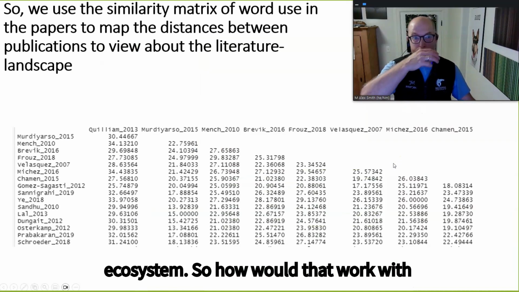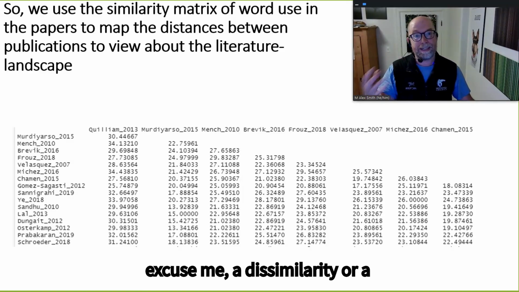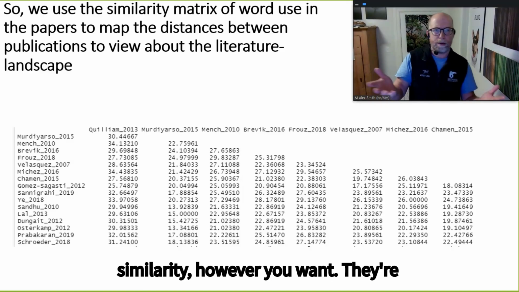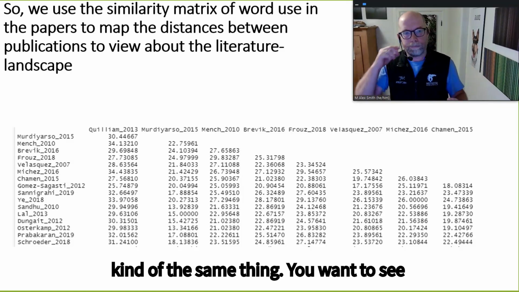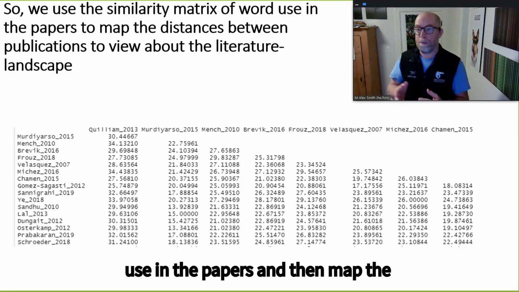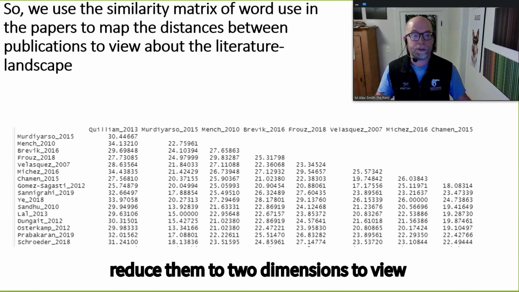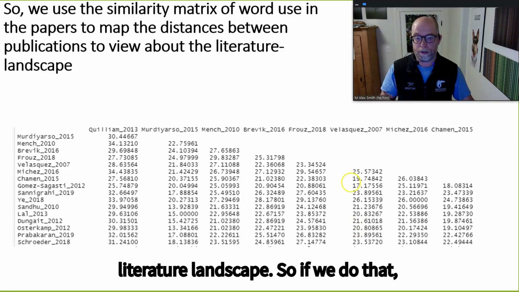So how would that work with Christina's data? Well, we can create a dissimilarity or a similarity, however you want to see the glass, half full or half empty, of word use in the papers, and then map the distances between the publications, reducing them to 2 dimensions to view the literature landscape.